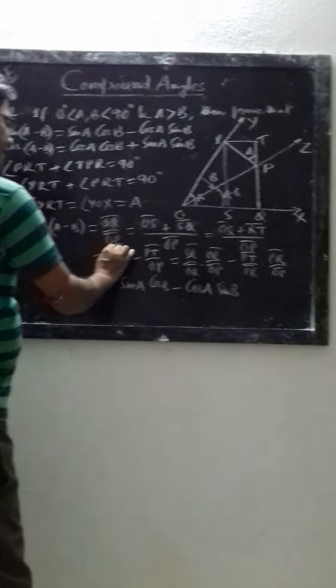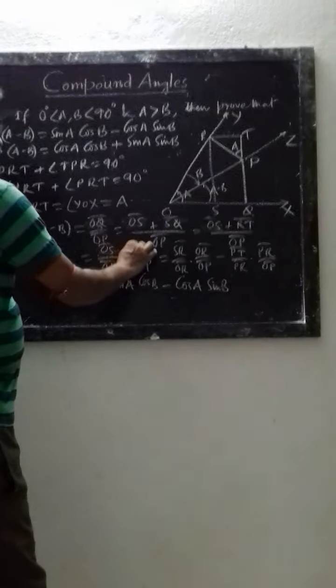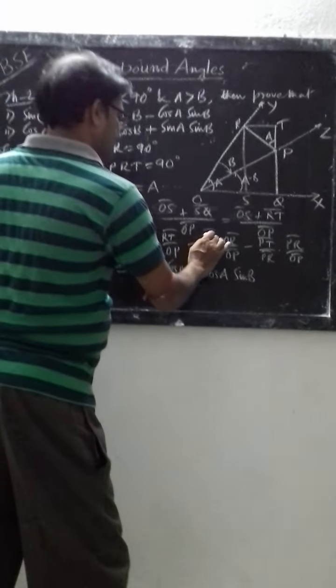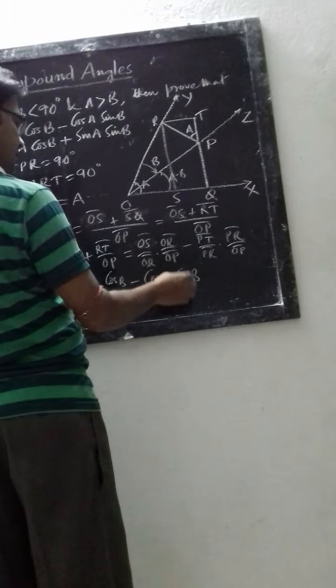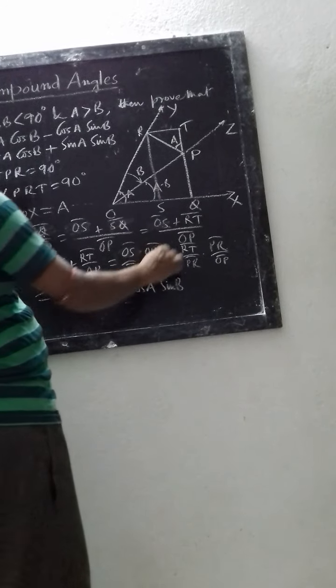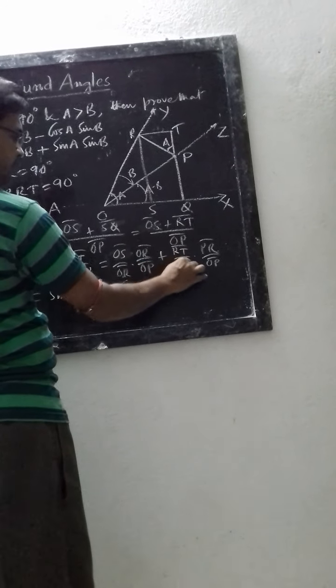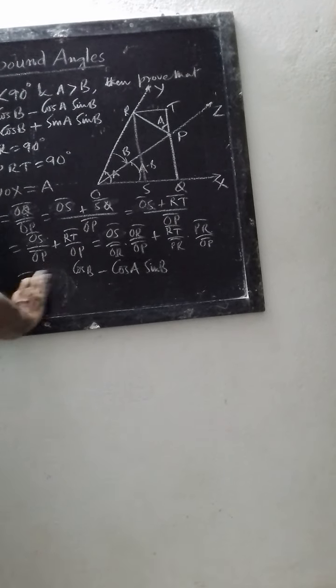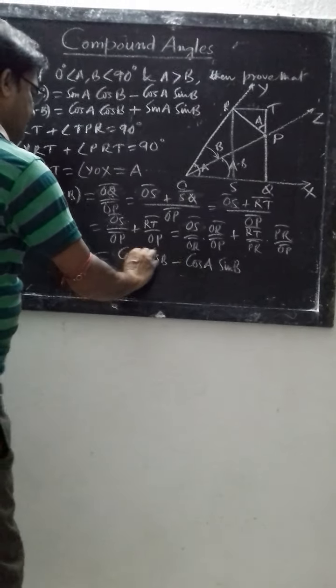This equals OS by OP plus RT by OP. This equals OS by OR into OR by OP plus RT by PR into PR by OP. From the figure we can write cos A cos B plus sin A sin B.